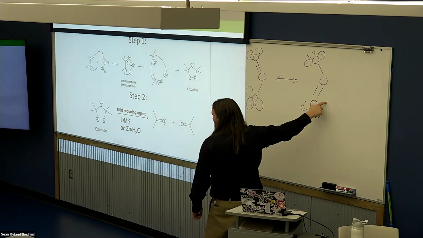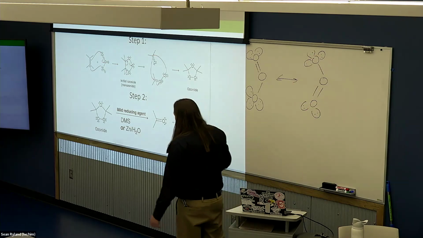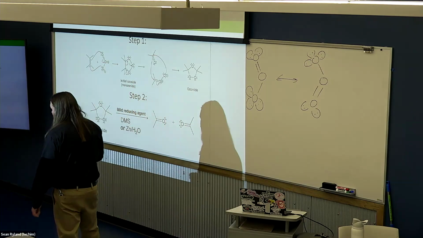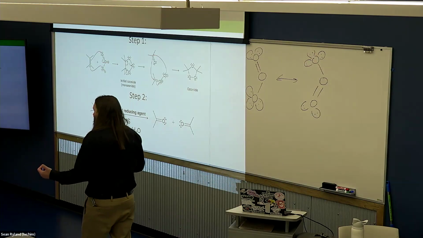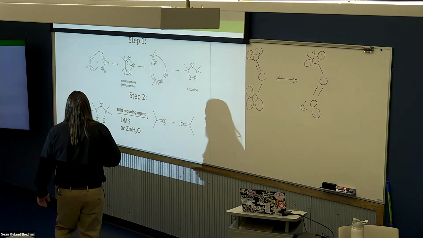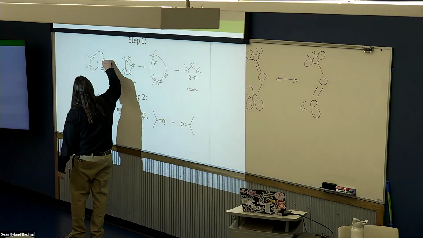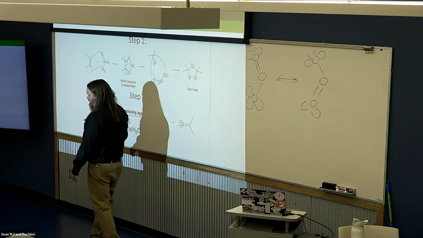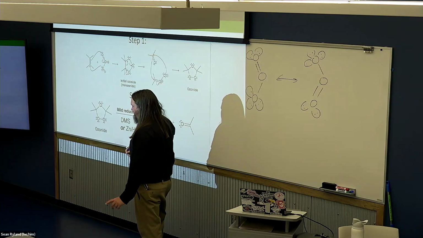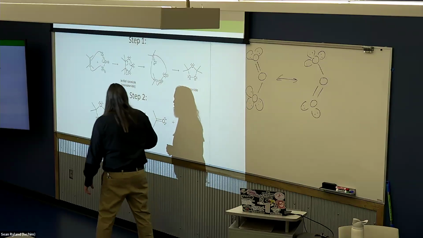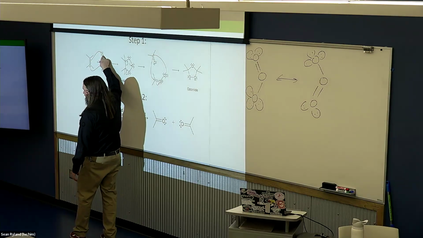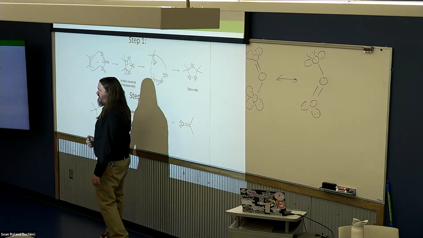If we started from this resonance structure, we'd get the same product, but we'd have the arrows drawn in the opposite direction. But there's no net difference between them. So the important thing is that you remember that the oxygen-oxygen pi bond moves towards the middle oxygen. If you use that to set the direction that the arrows are going, then you shouldn't mix it up too bad. Because then everything else is going to fill the void that's created by moving that pi bond, and then fill the void, etc.